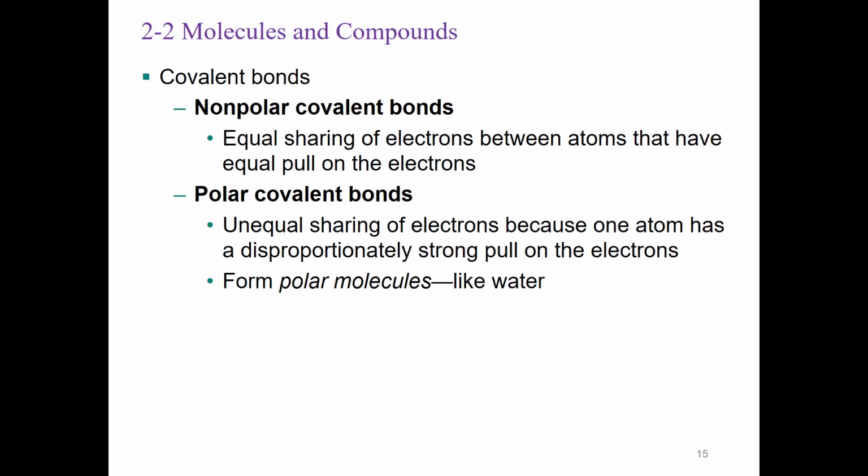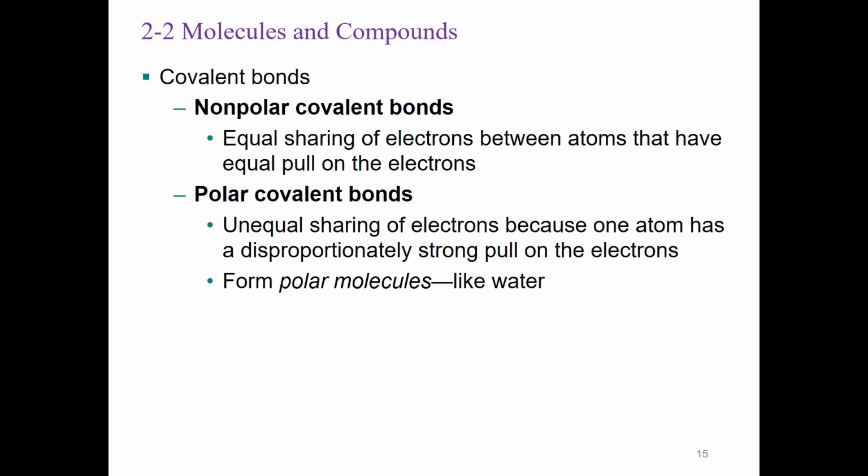In the covalent bond world, we can have a nonpolar covalent bond or a polar covalent bond. Nonpolar covalent bonds are bonds that have an equal sharing of electrons between the atoms. These atoms are going to have an equal pull on the electrons, so we're going to share equally and fairly.